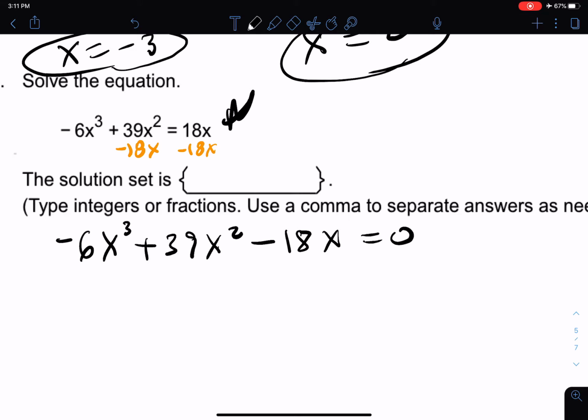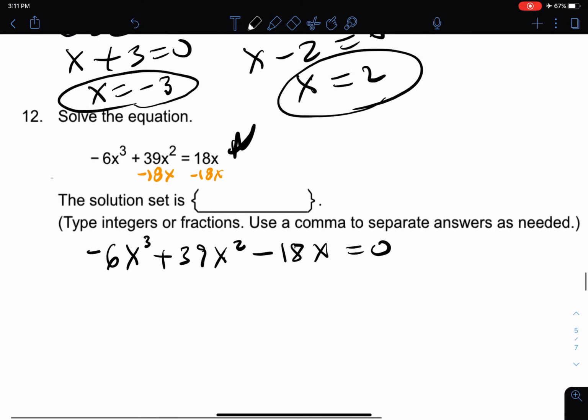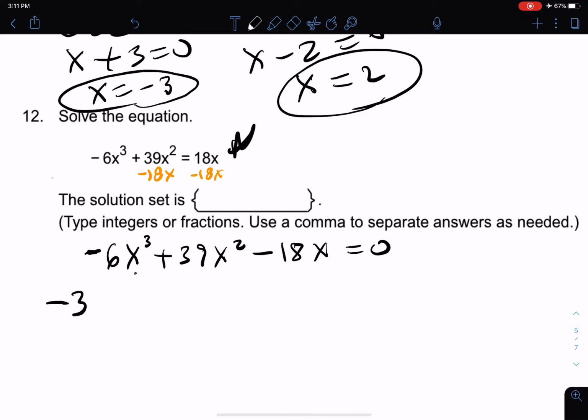So we do really need to factor out the greatest common factor. There's a negative in front, that's nasty. There is a common factor of at least a -3, so let's do that. And I also see an x on each one of these terms, so let's factor out a -3x. That's going to leave us with, what's that going to leave us with?